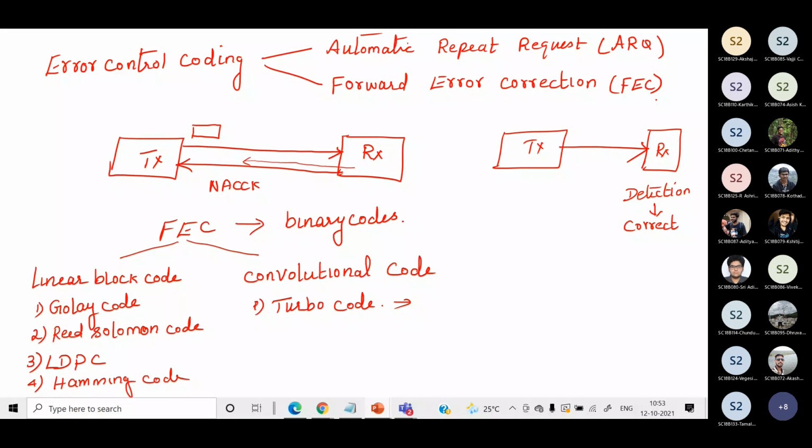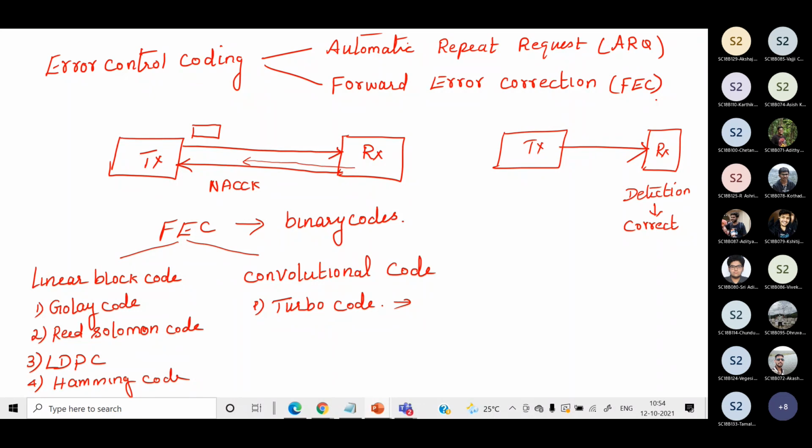Next is forward error correction. Here the receiver's functionality is, from the received vector, to identify whether any error occurred or not. This functionality is called error detection. Next, if an error has been detected, it has to be corrected right there at the receiver.